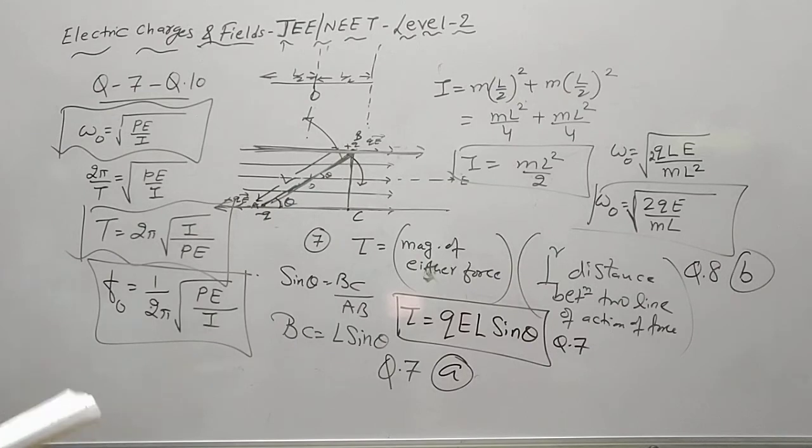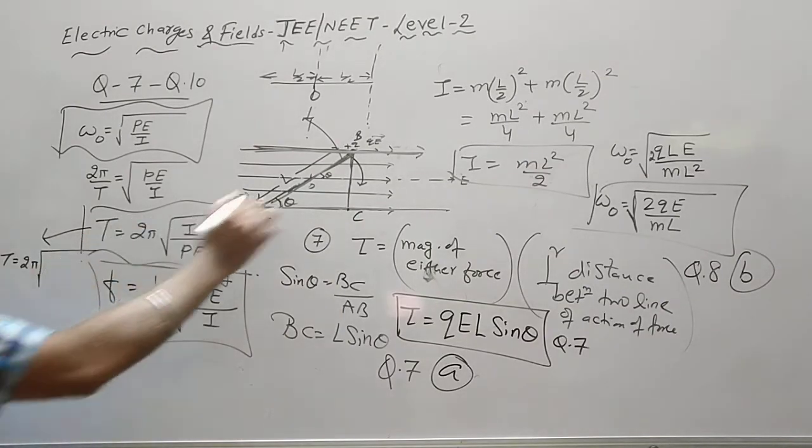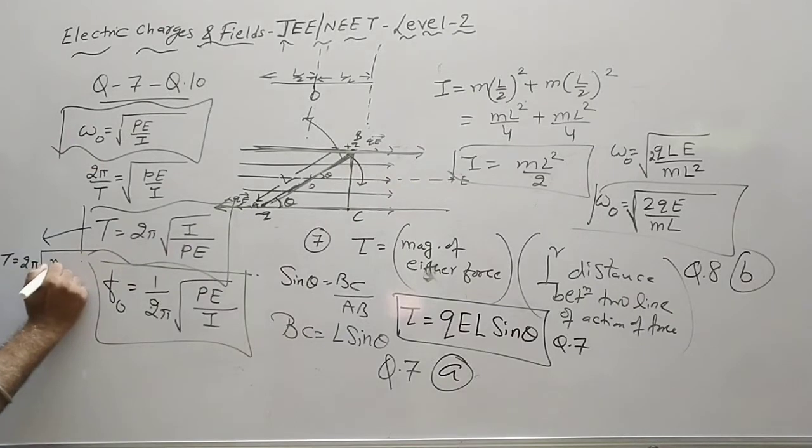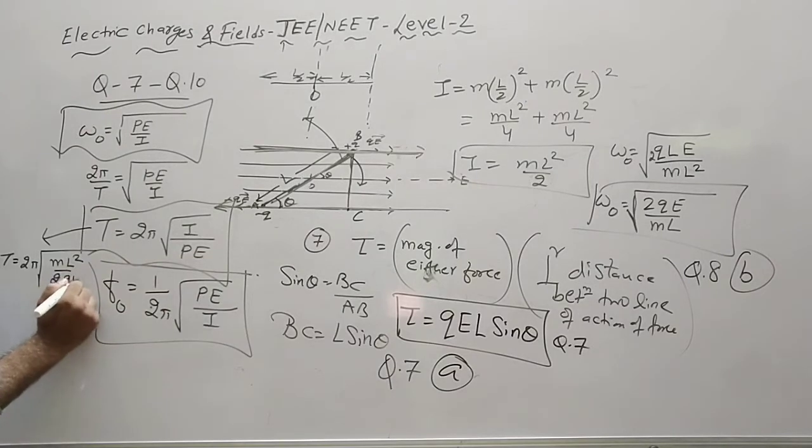Now third is to find the time period. So time period again I have written here. Simply substitute the values. So T is equal to 2 pi under root I, again I write ml square by 2. Then P can be written as QLE. So again 1 L is cancelled.